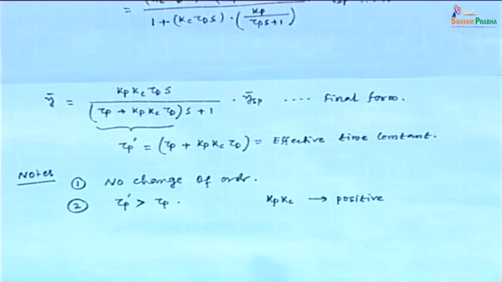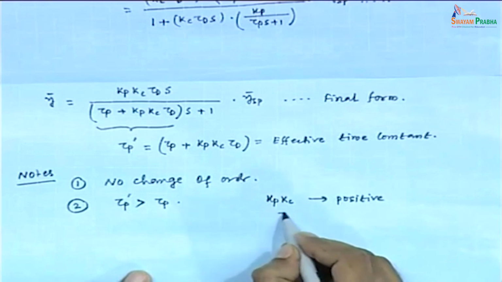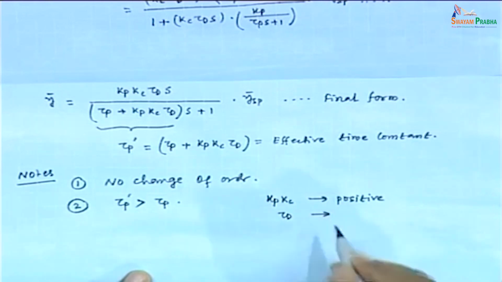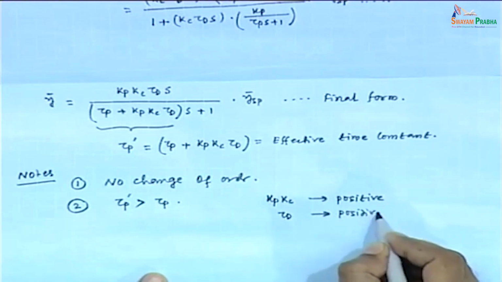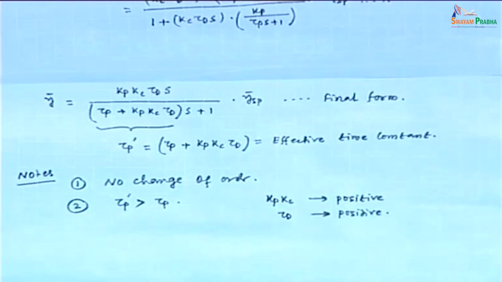Multiplication of Kp and Kc is positive, and tau d as a time constant is always positive. So, this is also positive. Therefore, tau p prime is greater than tau p. So, what it indicates? The overall response becomes sluggish, slower.